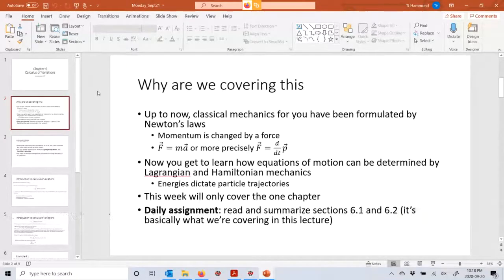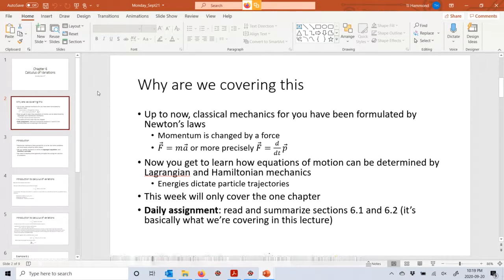So instead of doing it that way, Leibniz started to think about these in terms of scalars. A scalar that you're familiar with is energy. So instead of thinking in terms of forces, they were thinking in terms of potentials. Now, it's more difficult to formulate, which is why it didn't happen before Newton.